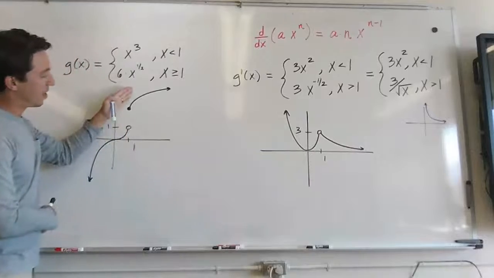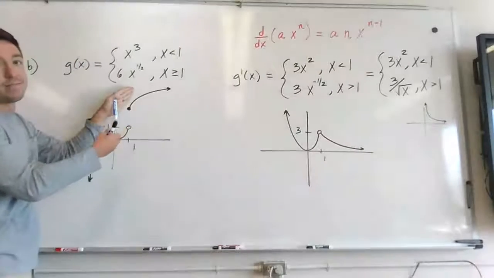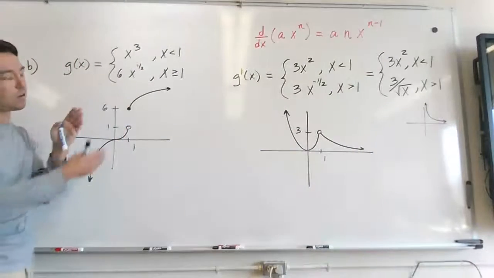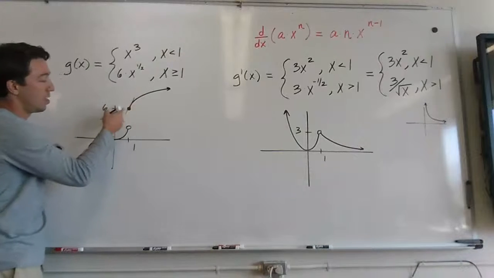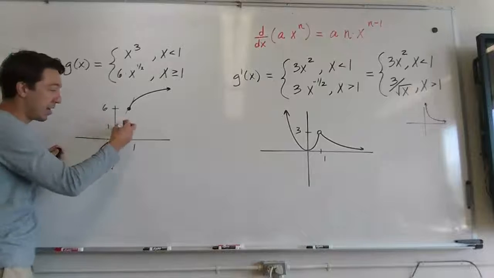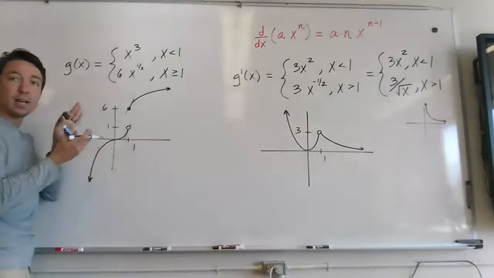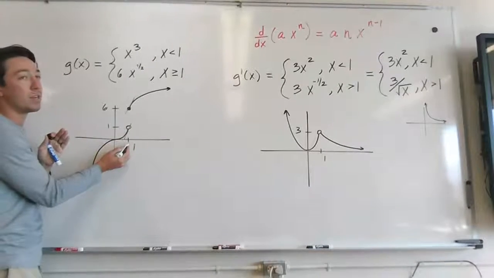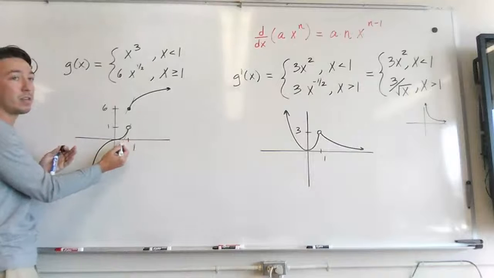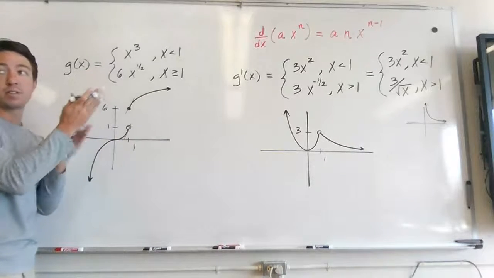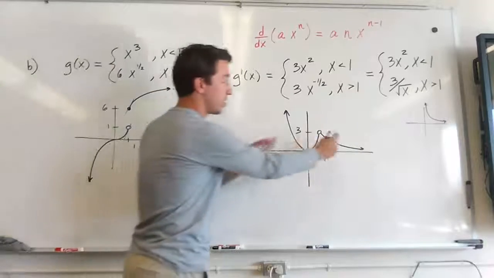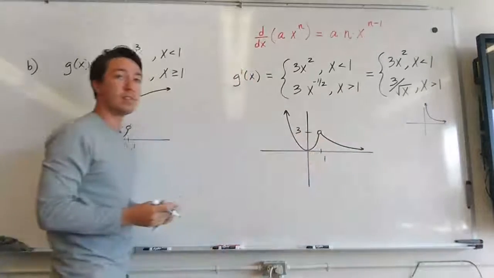What's the slope of this part of the graph just to the right of 1? Really close to 3. So the tangent lines here are very close to a slope of 3, and so are these. So yeah, it's non-differentiable at 1, but just to the left of 1 and just to the right of 1, the slopes are very close to 3. So that's why over here, the graph is approaching 3.